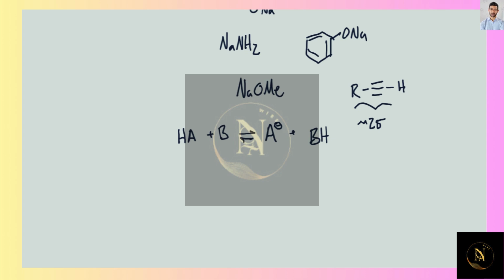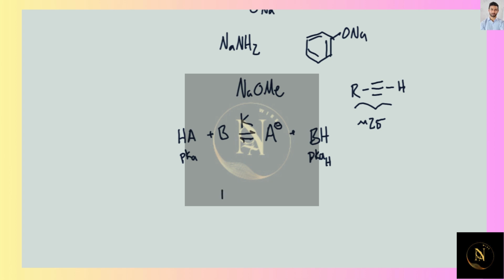And this equilibrium constant K can be approximated, or really calculated, by looking at the pKa of our acid and what's known as the pKaH of our base. That's the pKa of the protonated form of our base.